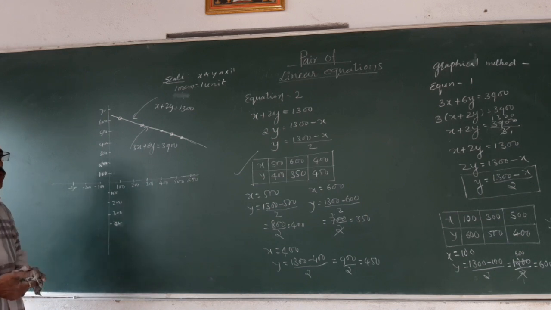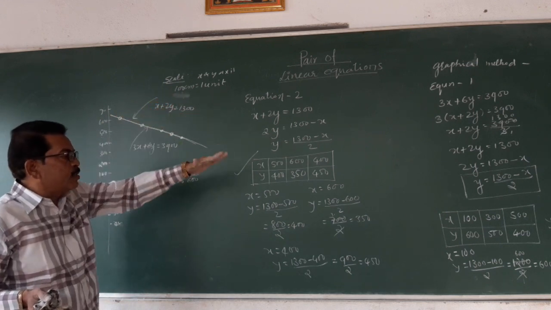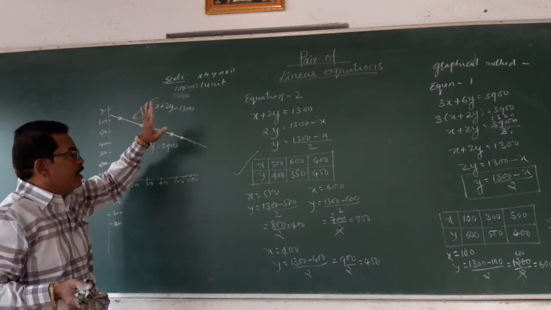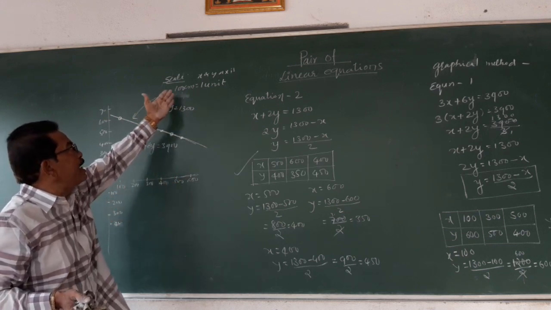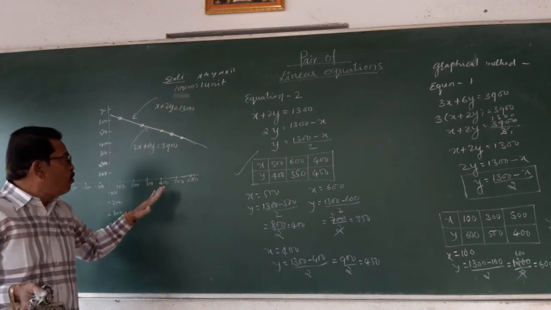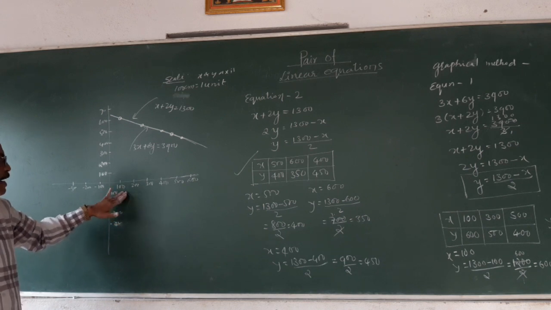But one thing you must remember is that the scale should be written, the scale of the x-axis and the scale of the y-axis whatever you have taken. If both are the same, you should write the scale for the x and y axes. Here we have taken 1 unit as 100 equals 1 centimeter.